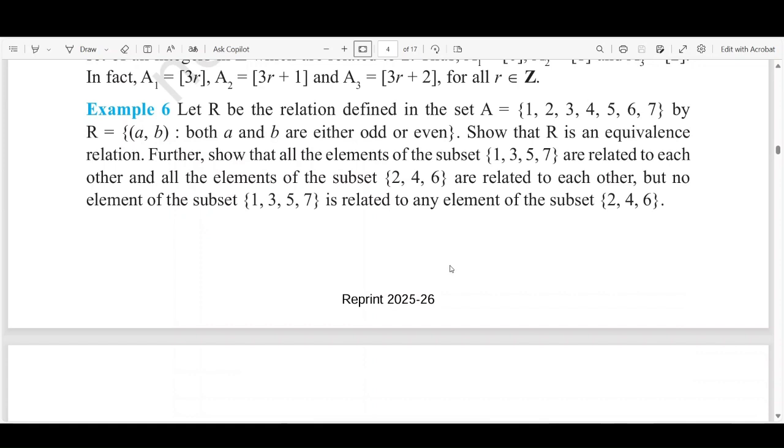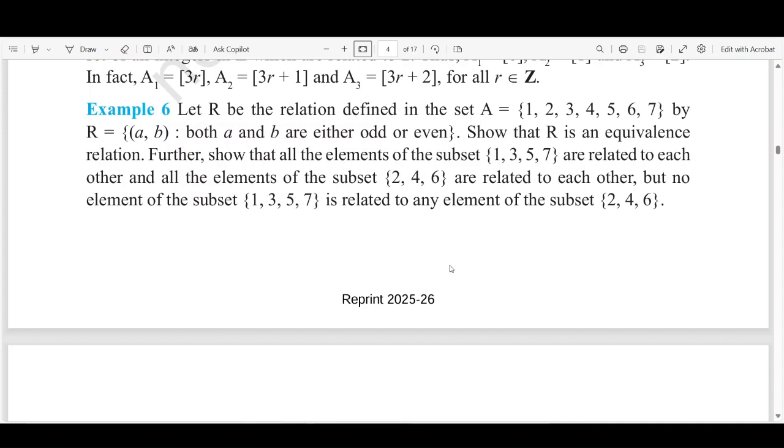Example 6. Let R be the relation defined in the set A equal to {1, 2, 3, 4, 5, 6, 7} by R equal to the set of ordered pairs (a, b) such that both a and b are either odd or even. So, only the elements which satisfy the condition that both a and b should be either odd or even numbers will be said to be related.